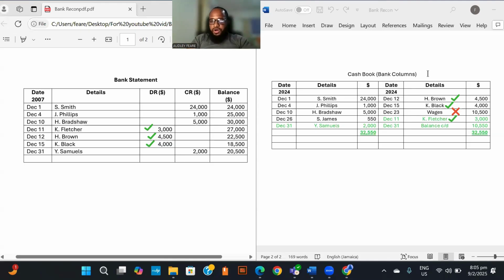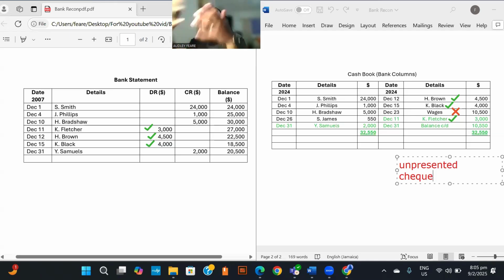So on the credit side of our cash book, we have what will be called an unpresented check, because we did not take this check to the bank. So we paid it late. As a result, it's not reflecting in our bank statement. And you can see it was on December 23. So we need to bring in that unpresented check.